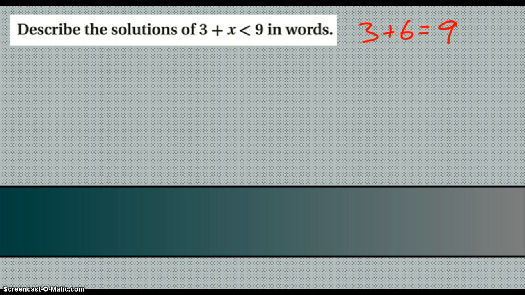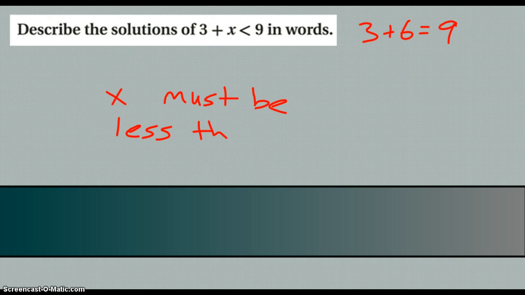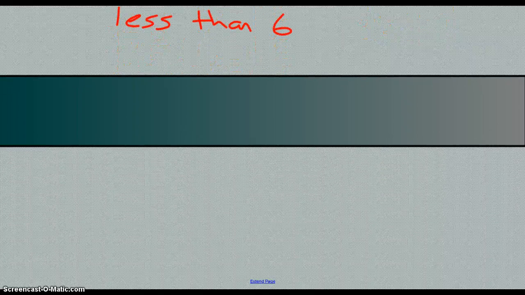So anything less than 6 will make this statement true. So x must be less than 6. Because even if x was 5.9 or 5.9999, it would be 8.9, so it would be less than 9 still. So that's how we can do that with words.